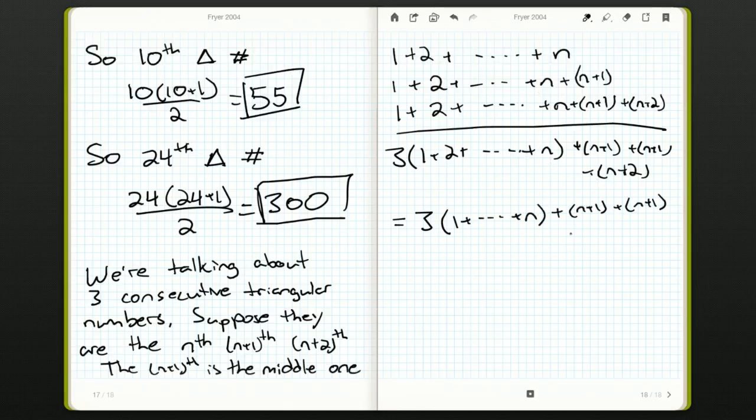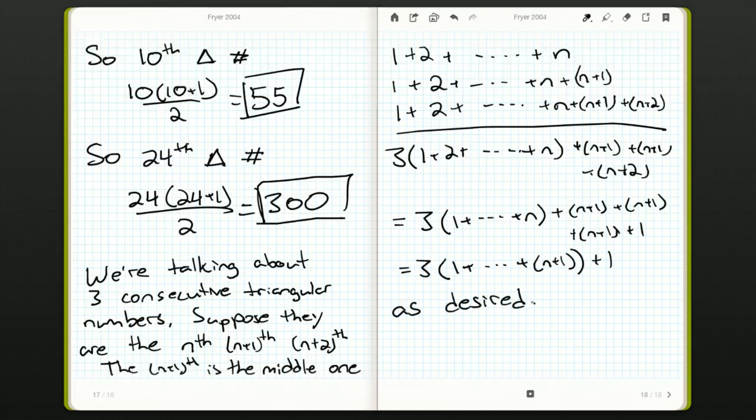causing us problems. But he's just n plus 1 plus 1. So we can bring these guys in here. So we got the formula we desired.